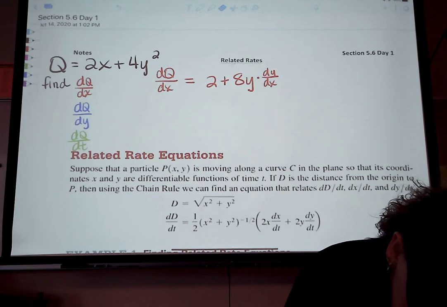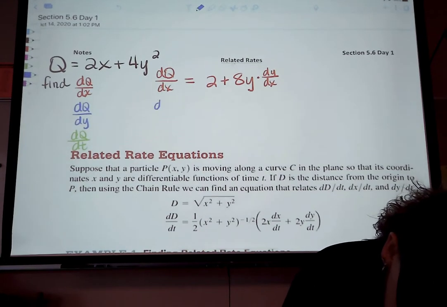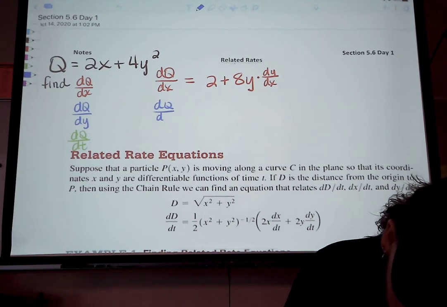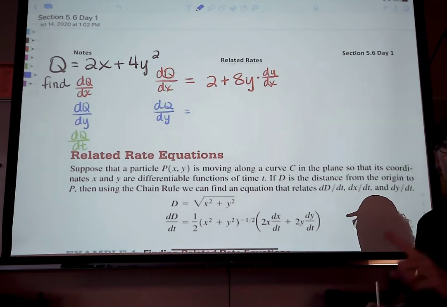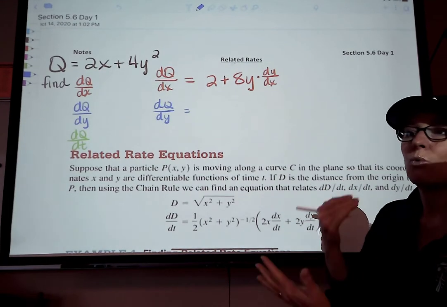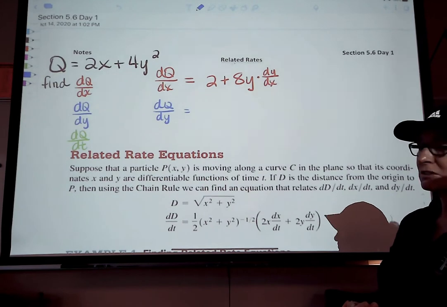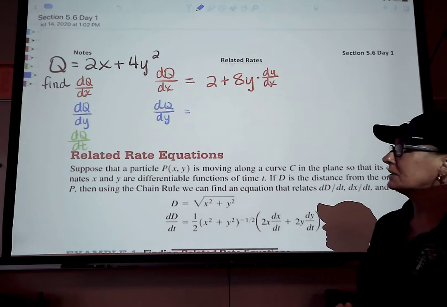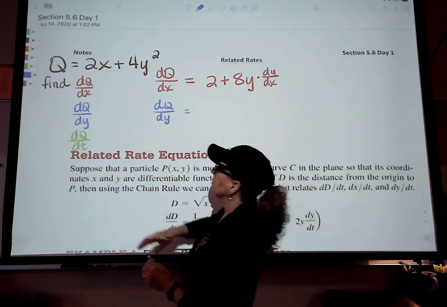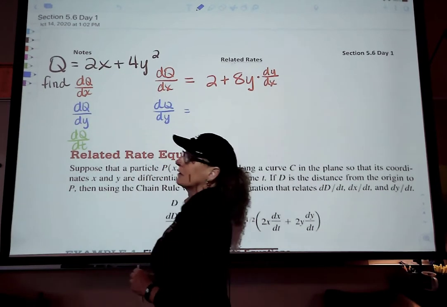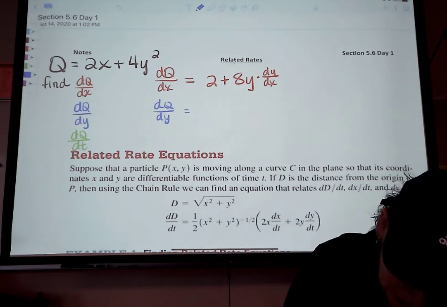Next one, let's do the derivative of q with respect to y. Now, I'm declaring y as my variable. What's x? X must be some messy function. So here I go. When I do the derivative on the first term, x is messy, so I'm going to do my derivative like normal.